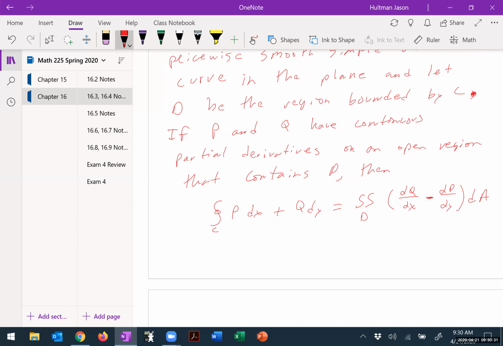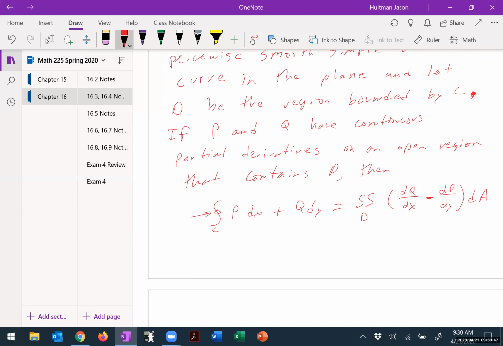We're taking the boundary of the area and turning it into a double integral over the area. It's kind of amazing.